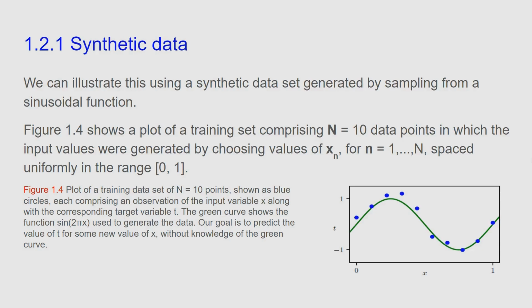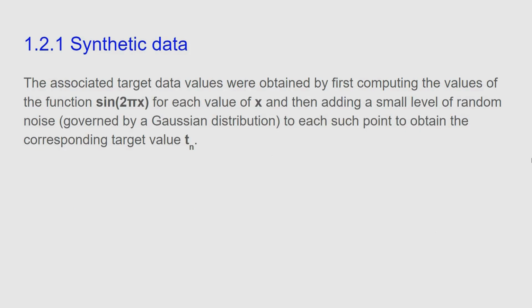The associated target values were obtained by first computing the corresponding values of the function sin(2πx) for each value of x, and then adding a small level of random noise having a Gaussian distribution to each such point to obtain the corresponding target t_n.